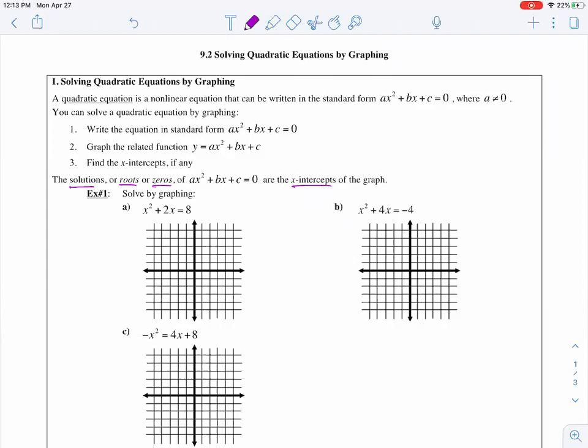Can someone answer the first step? What did we do to graph this? Find the vertex, that's correct. And then find the zeros. Which is exactly the same, but they are asking you to find the zeros using graphing.